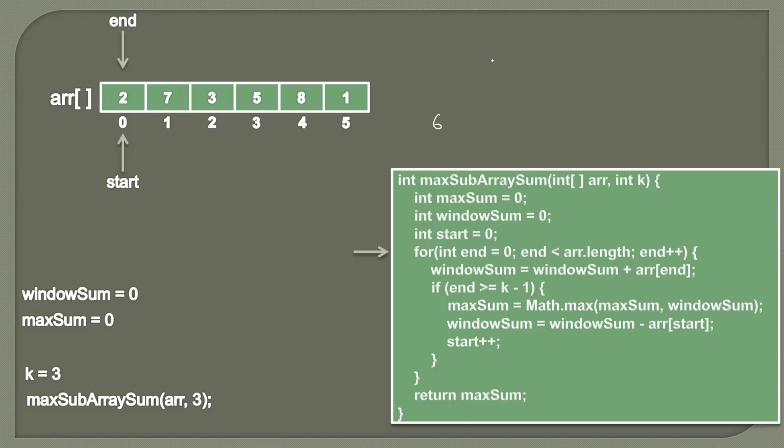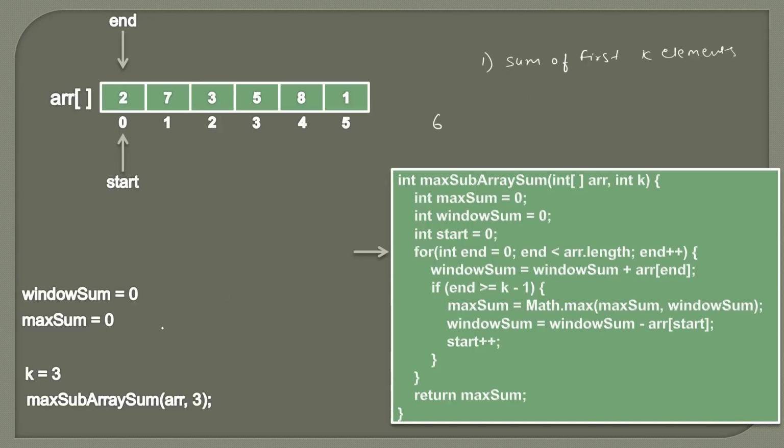In our previous slide we discussed the 3 steps. The first step is we simply take the sum of the first k elements, because the first window is of size k, so at the start we need to include the first k elements so that we can get a sum.